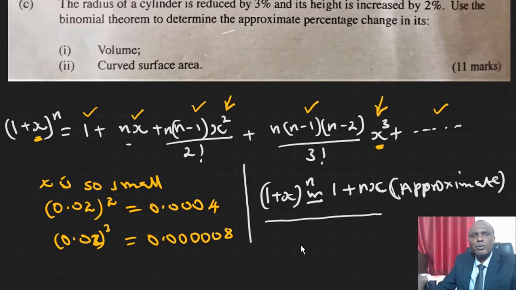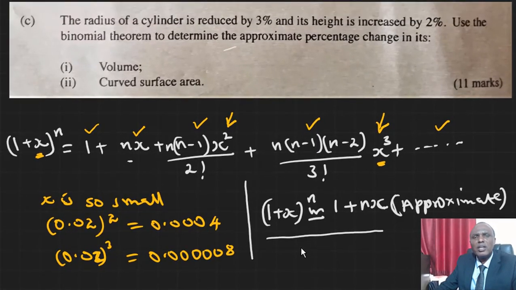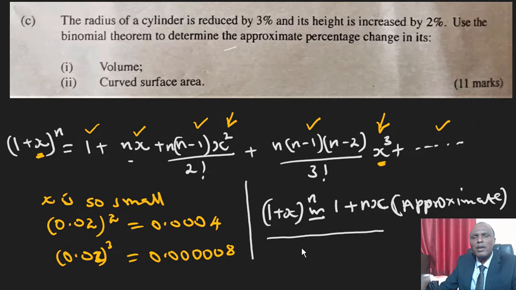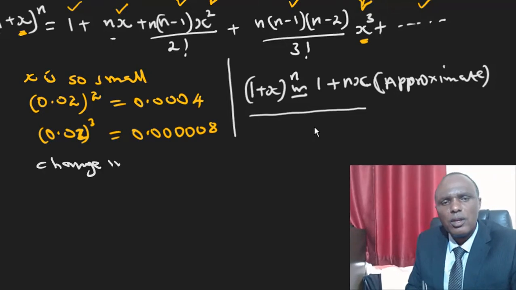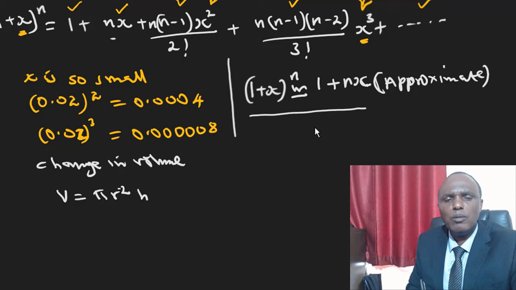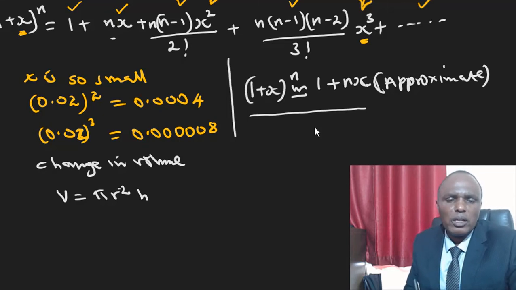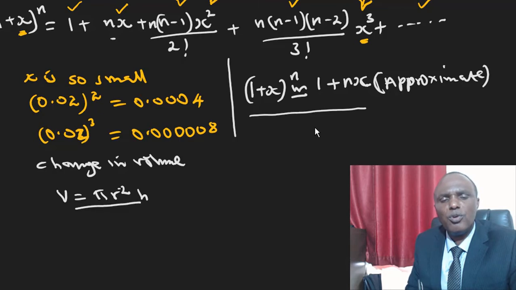We are told that the radius of a cylinder is reduced by 3% and its height is increased by 2%. We are required to get the approximate percentage change in the volume. The volume of a cylinder is equal to pi multiplied by radius squared multiplied by height. This is the volume before we change.